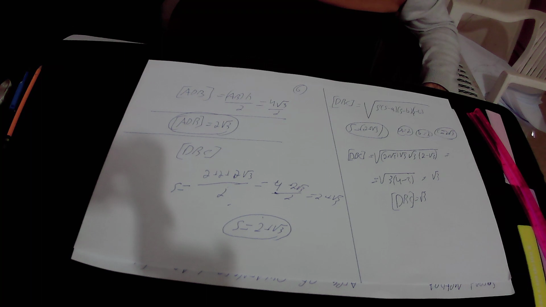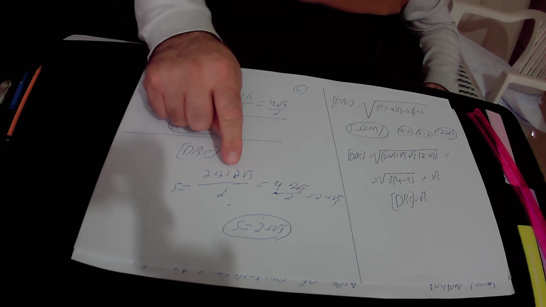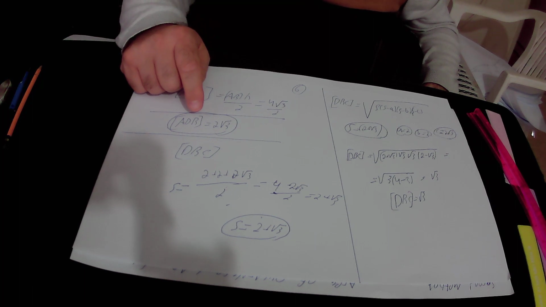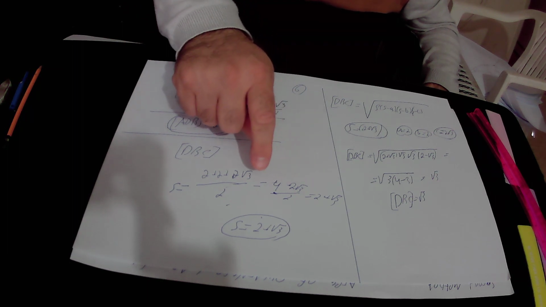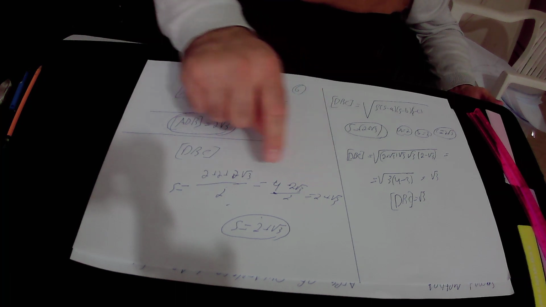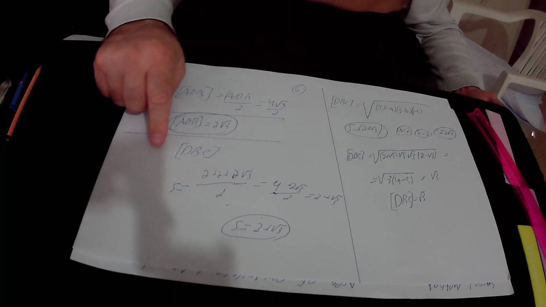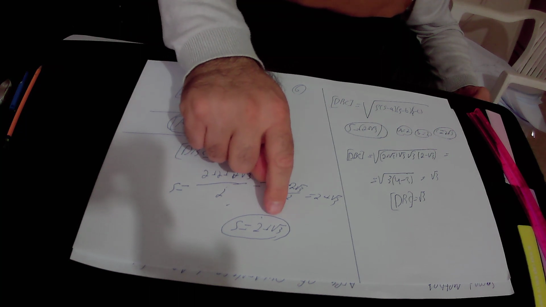We divide it by 2, so the semi-perimeter is 4 plus 2 times square root of 3 over 2. 4 over 2 is 2, and 2 times square root of 3 over 2 is square root of 3. So the semi-perimeter of triangle DBC is 2 plus square root of 3 units.